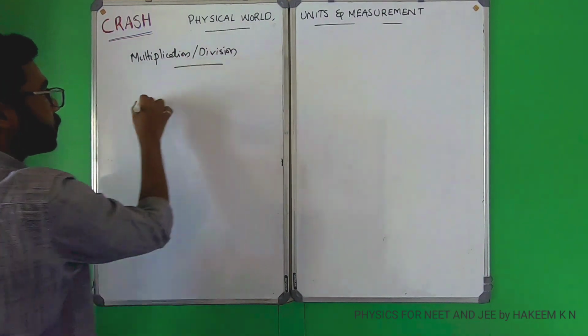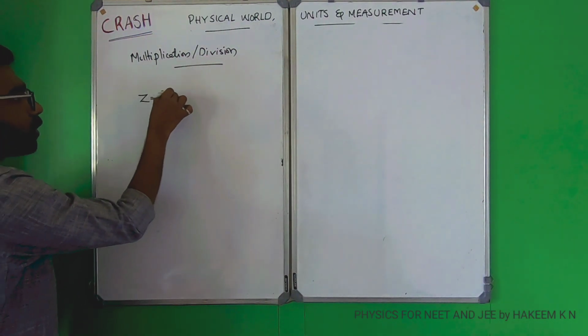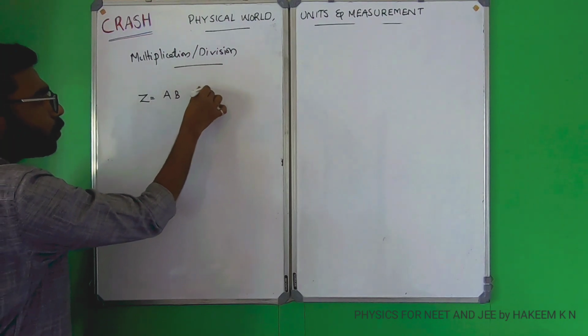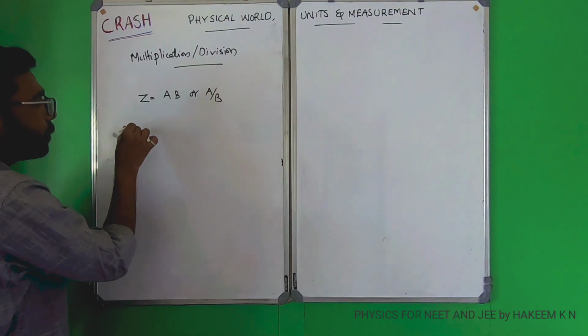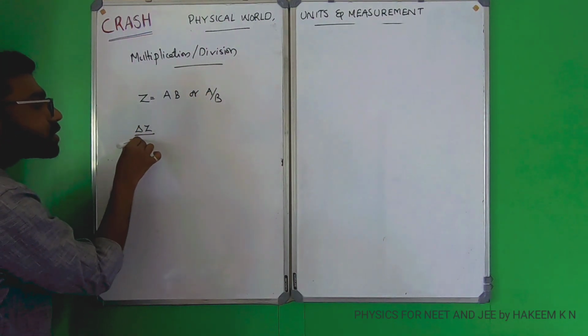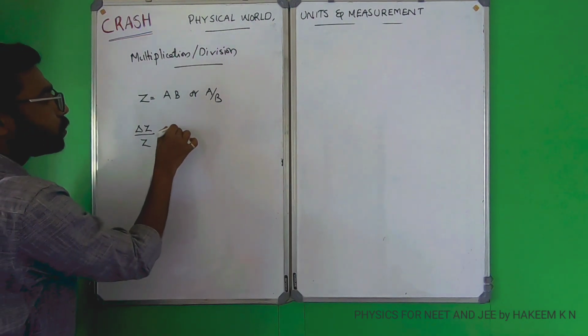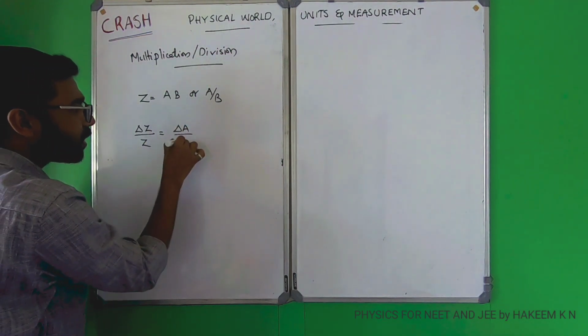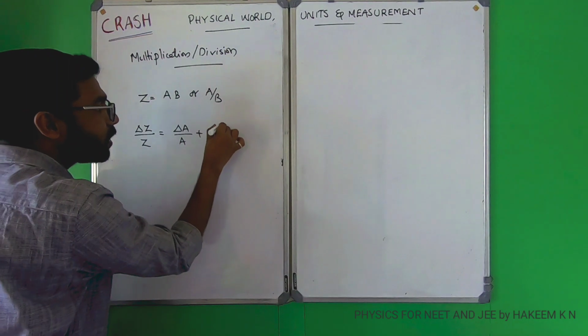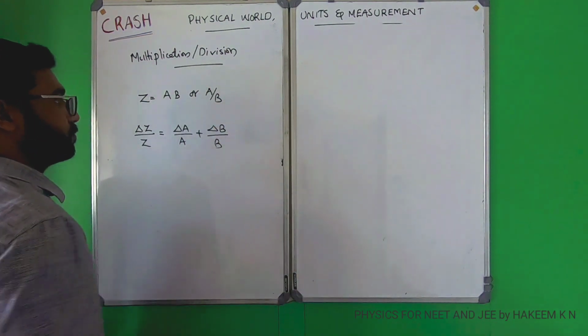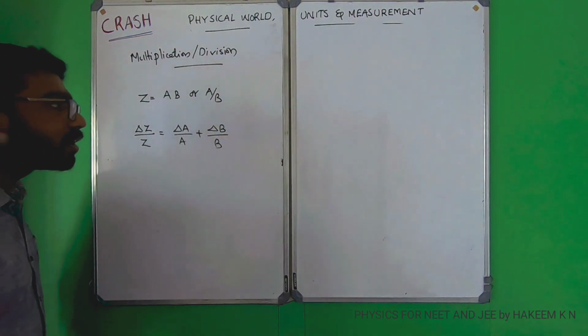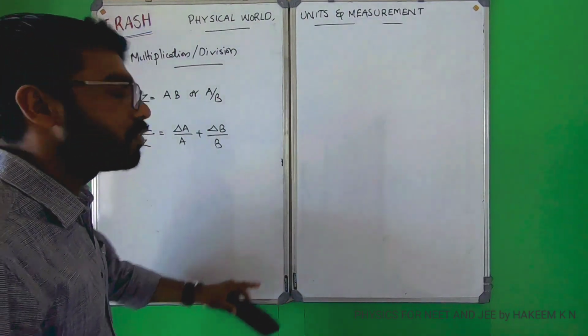or division, if z equal to a into b or a by b, relative error in z equal to relative error in a plus relative error in b.